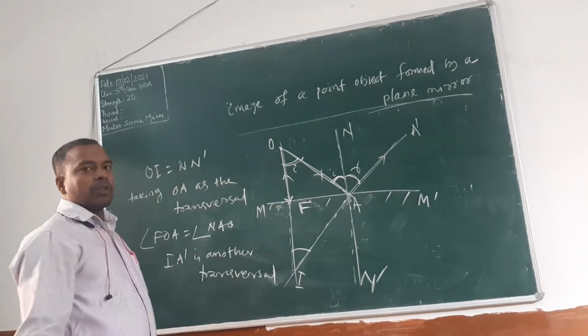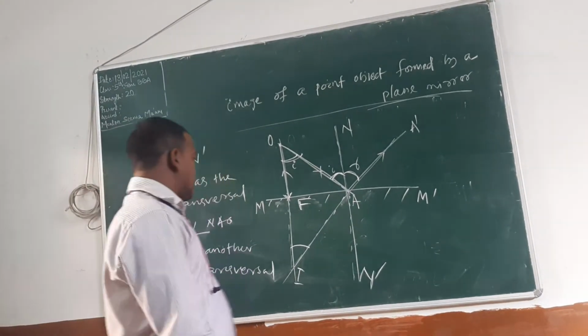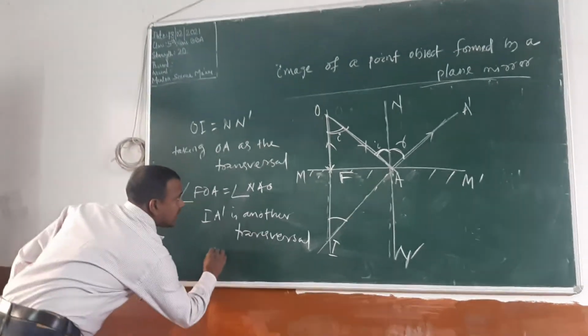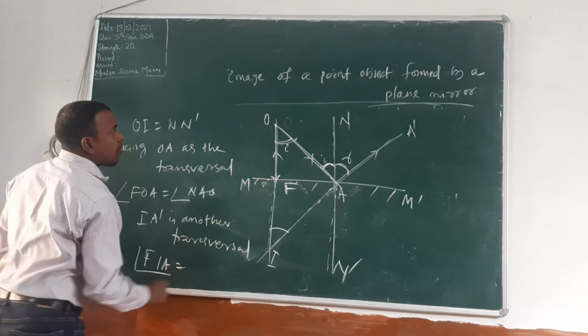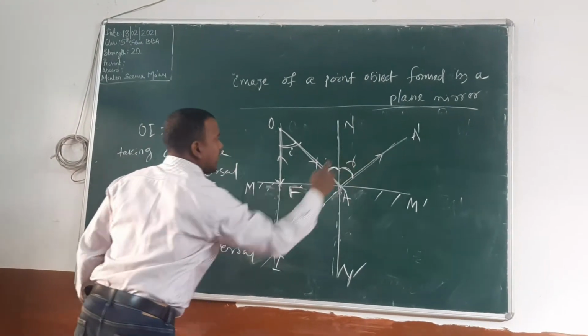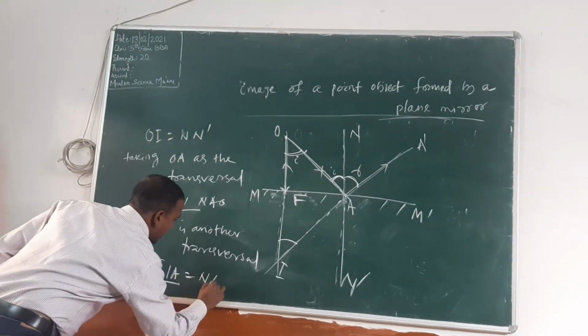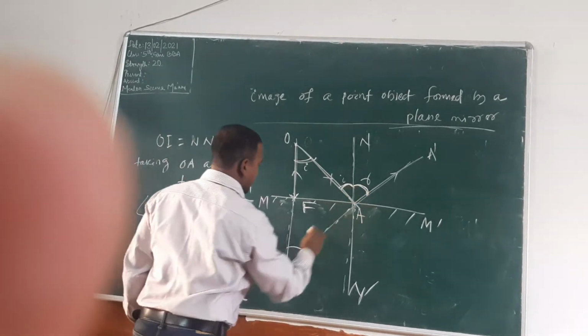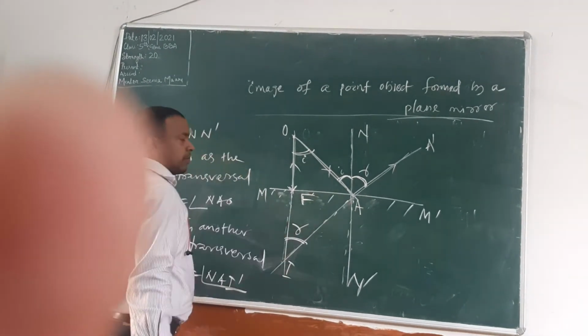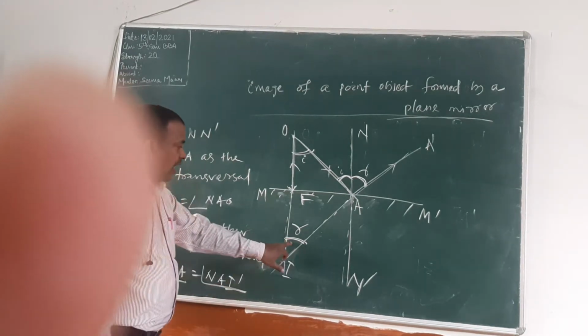Both are corresponding angles. Means we can write angle FIA equal to angle N A dash R. So this angle is the same as this angle, that is R.